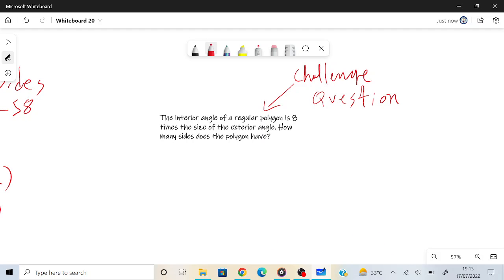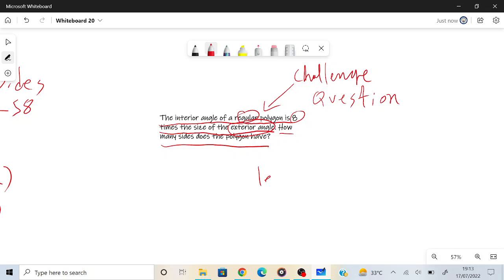Right, so let's go. It says the interior angle of a regular polygon is 8 times the size of the exterior angle. Okay, good to know. How many sides does the polygon have? Right, so regular polygon, the interior angle is 8 times the size of the exterior angle.